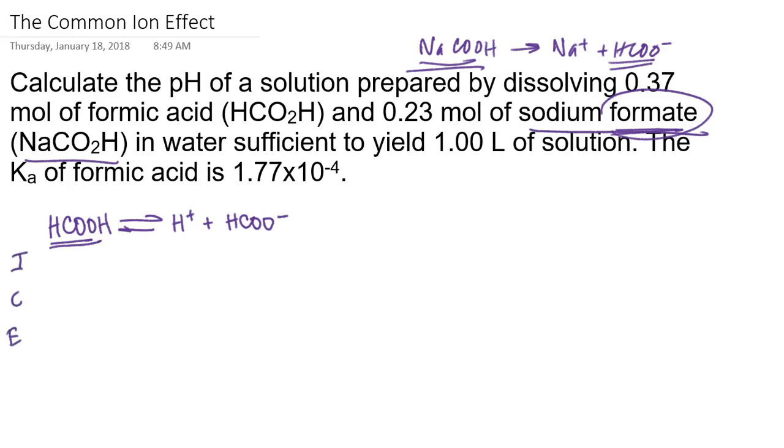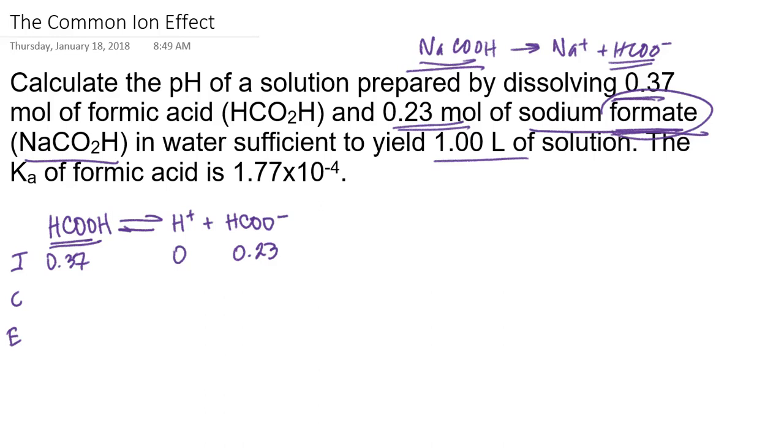And fortunately for us, this problem has a 1 liter volume of solution. So that means that these amounts of substance in moles will also be the molar concentrations of each of these substances. So that would mean I'd have 0.37 molar formic acid to begin with, and I'm also going to have 0.23 molar sodium formate to begin with, and initially no protons.